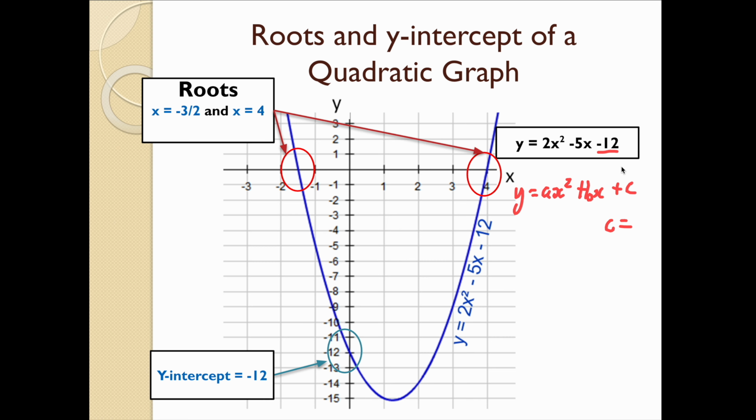Lovely. And what is the value of a? 2. So the value of a is 2. So what is the value of b? -5. Excellent. All right, so I think everybody got this concept.